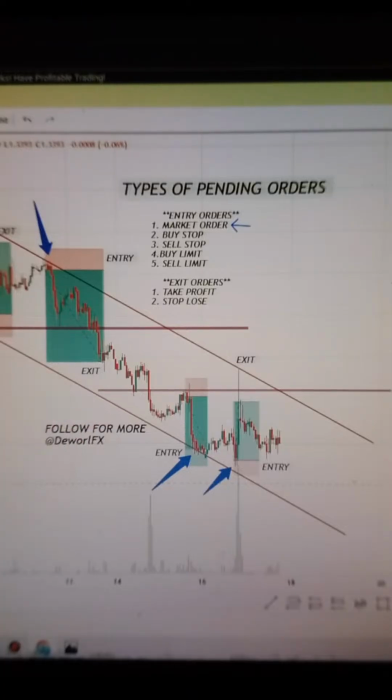I want to take the trade exactly at the current price of the market. Looking at this, I will zoom this out. This is the current market price. So if I want to deal with a market order, that means I'm taking my buy or sell using this current price. I'm buying from here.